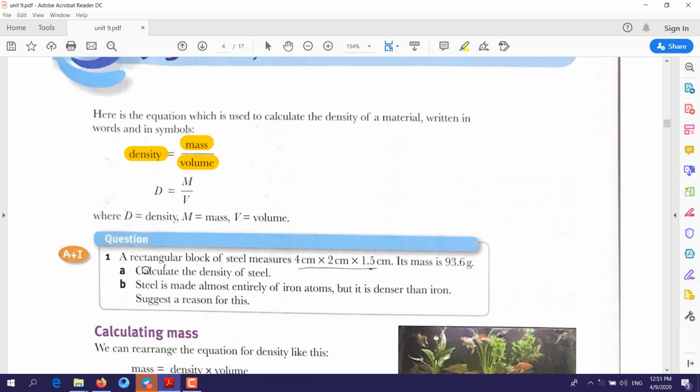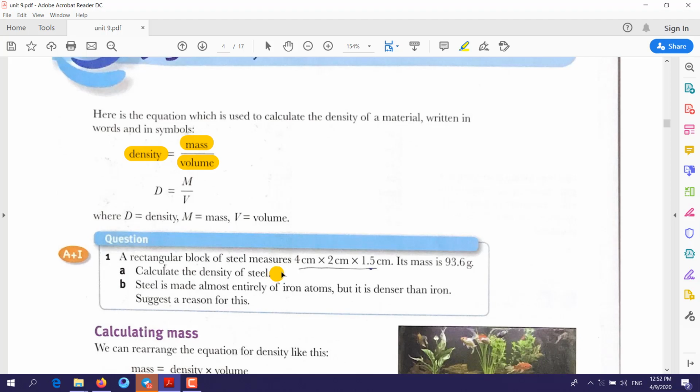Now, a rectangular block of steel measures 4 centimeter times 2 centimeter times 1.5 centimeter. Its mass is 93.6 grams. Calculate the density of steel.